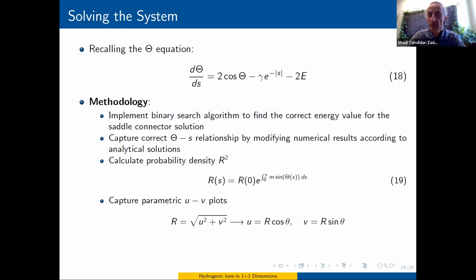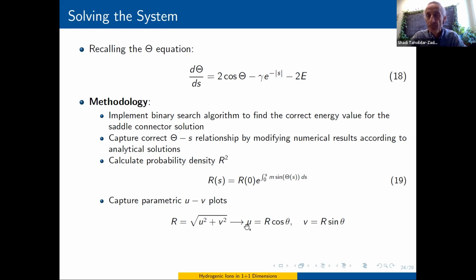And when you do that, you just have to remember what this R and theta were in terms of U and V. And now one can also see how the picture looks if you have a solution in theta that gives you a solution in R. And if you have theta and R, that gives you a solution in U and V. So now you get U and V as functions of S. Now you can view them as a parametric plot. So you can plot these solutions in the UV plane and see what kind of curves you're getting.